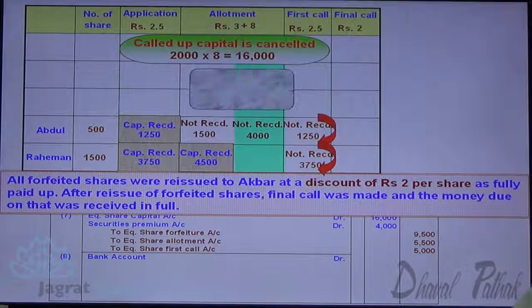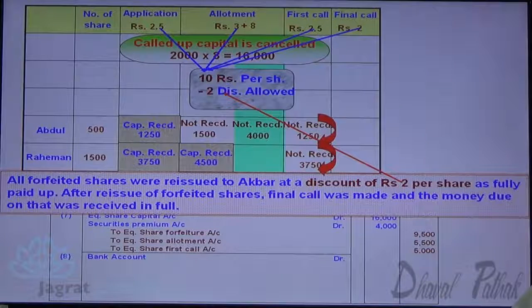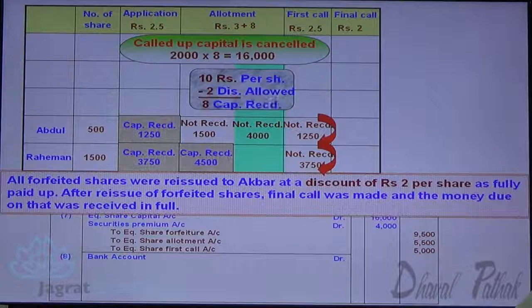Bank account debit, share of 10 each, reissue discount allowed at the rate of ₹2 per share. So amount received, not capital received, amount received. 2000 into 8, 16,000 amount received.